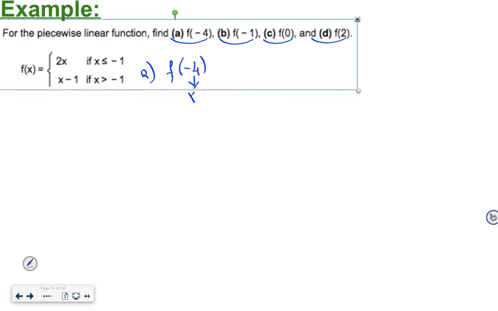We know that -4 is less than -1, so it's going to be in the first. I'm going to use the first equation, 2 times the x value, which is negative 4. Then you will find negative 8 is your answer.